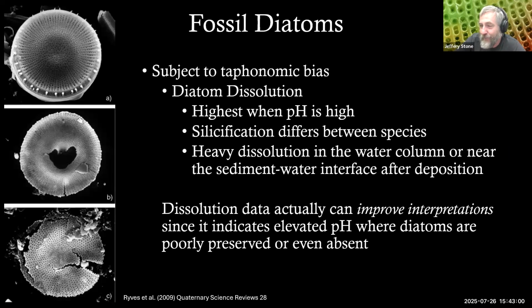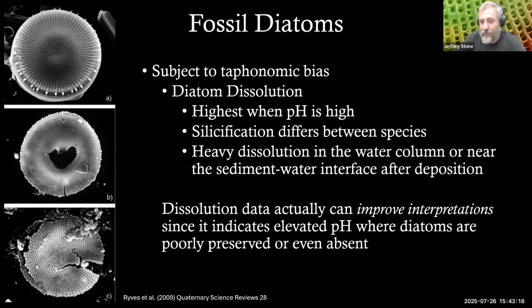There are some taphonomic biases associated with diatoms. The primary one that creates the most problem is that when the pH becomes very high, they start to dissolve. And this is some work that David Rives did, talking about how we could actually use that information where the diatoms start to dissolve.